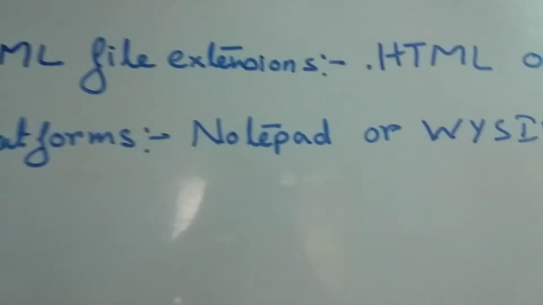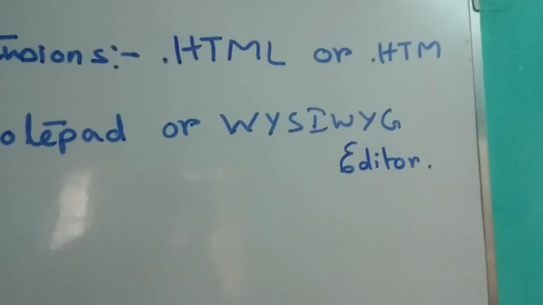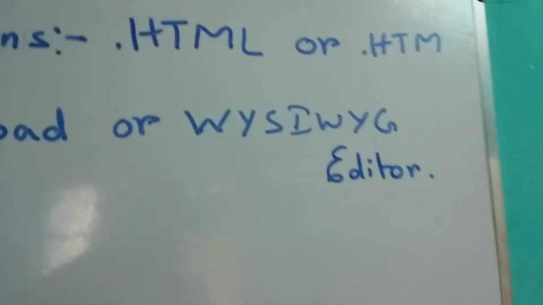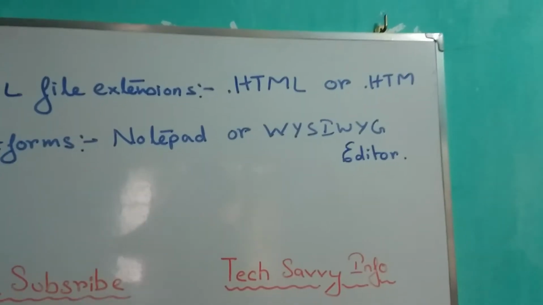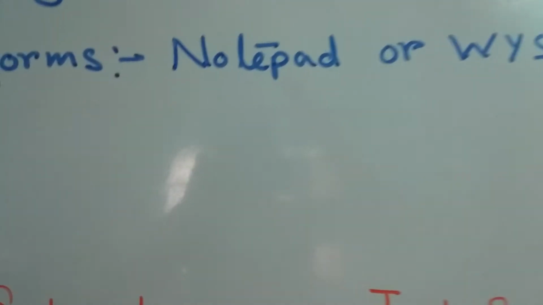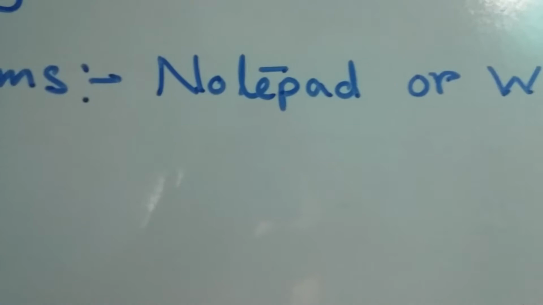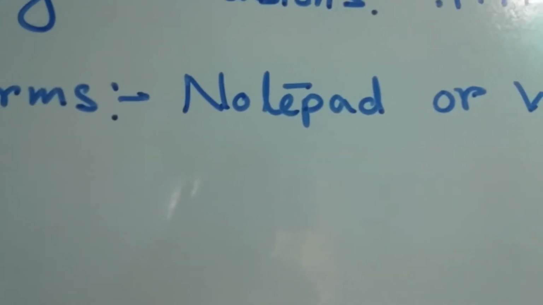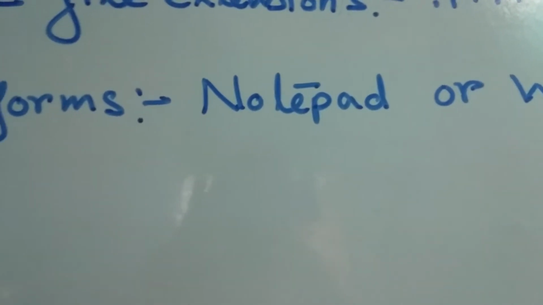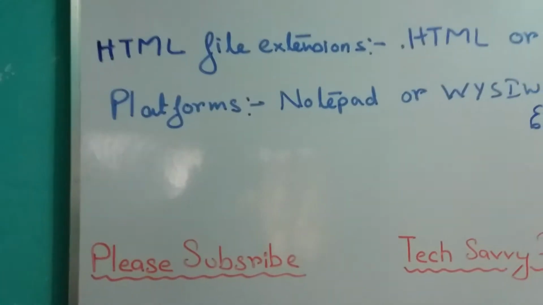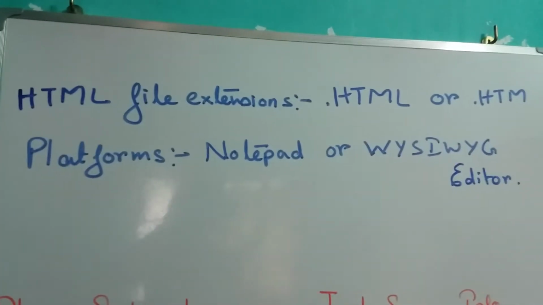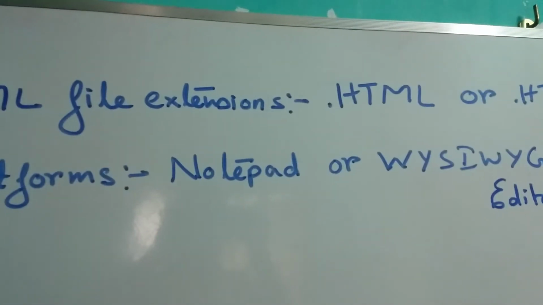We can use Notepad or a WYSIWYG editor, which stands for what you see is what you get. We will go with the simplest and easiest one, the Notepad editor. It's very simple. Within one or two days you will be able to design a web page.